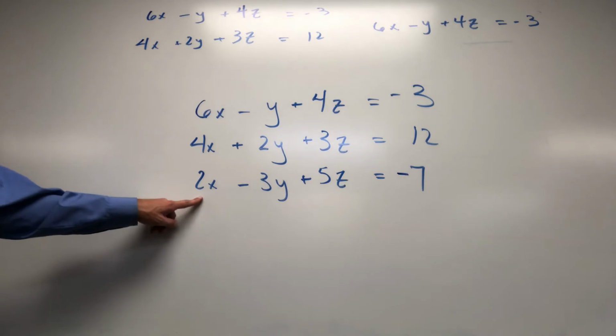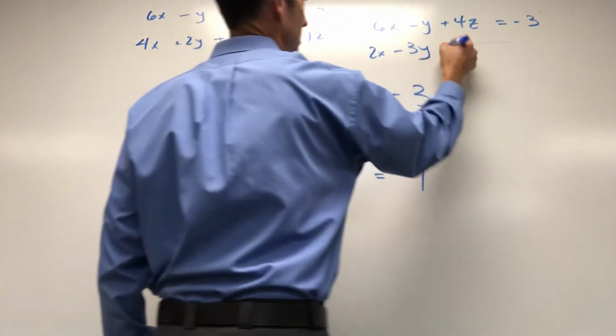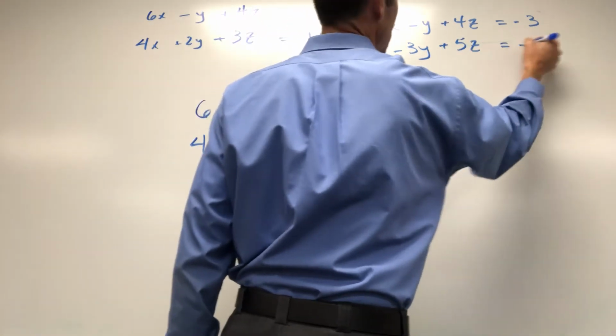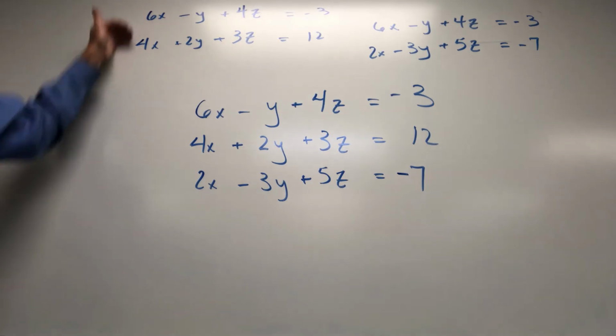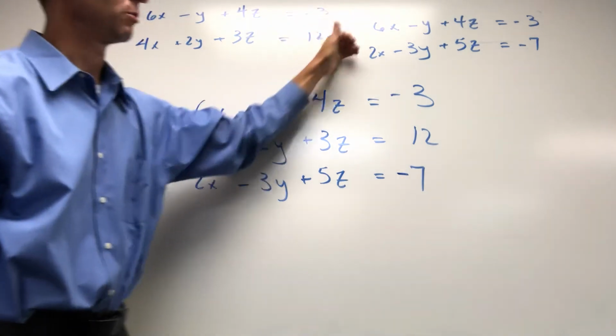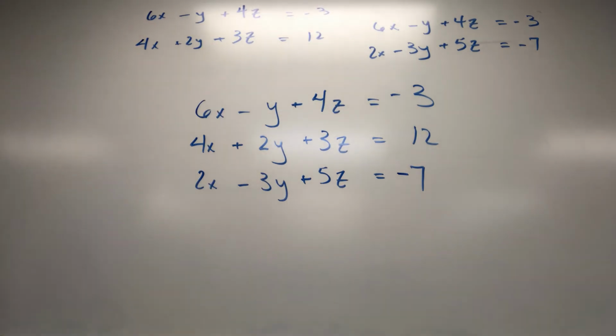And then I'm grabbing my bottom one, 2x minus 3y plus 5z equals negative 7. So again, when you set these up, you've got row 1, row 2, row 1, row 3. So top, middle, top, bottom. That's what you're looking to set up with.